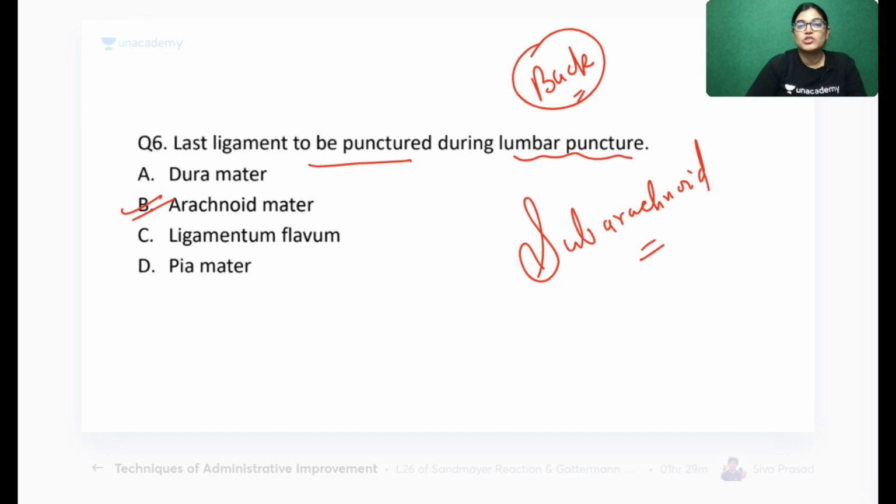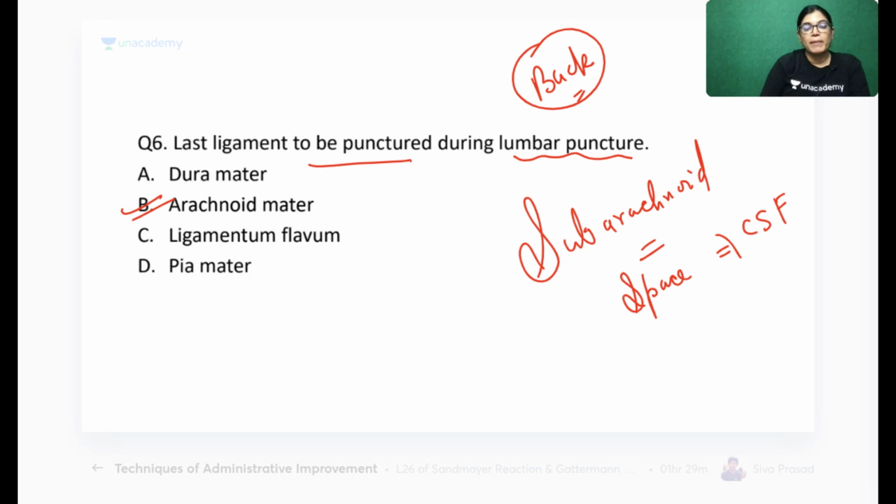The subarachnoid space has to be reached. So we have to reach the subarachnoid space to drain the CSF, and normally the puncture is made at the L4, L5 or L3, L4 space. And we know that the spinal cord ends at the L1 level, so below it the lumbar puncture has to be performed for diagnostic or therapeutic purposes.